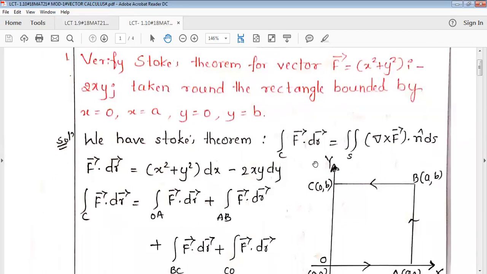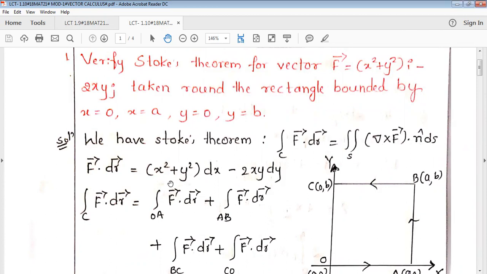So what is Stokes theorem? Stokes theorem is this formula: integral over c of vector f dot vector dr is equal to double integral over s, this is the surface, of del cross vector f dot n cap ds.